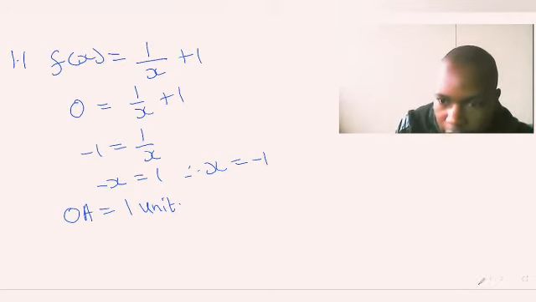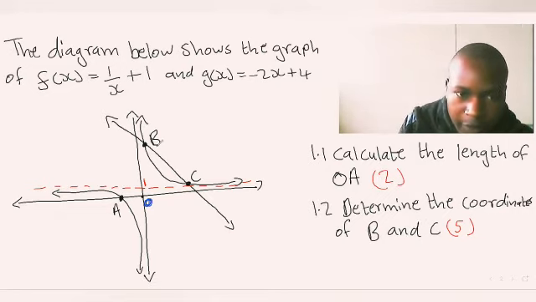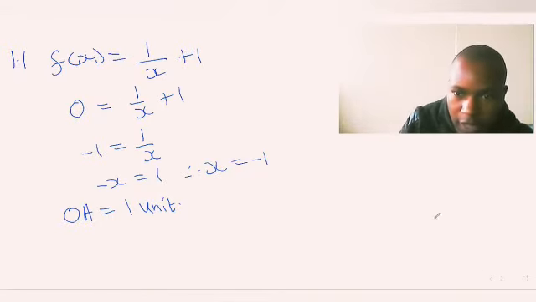So now let's move on over to the second question, which wants us to determine the coordinates of B and C, which happen to be the points of intersection. Remember that to find the points of intersection, you have to equate. So let me move on to this page here.